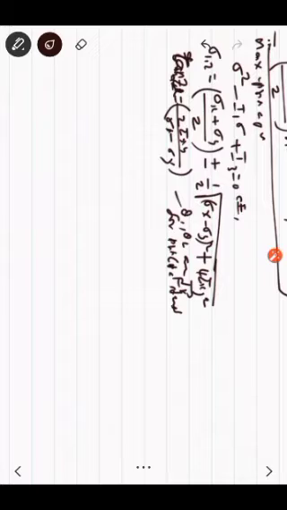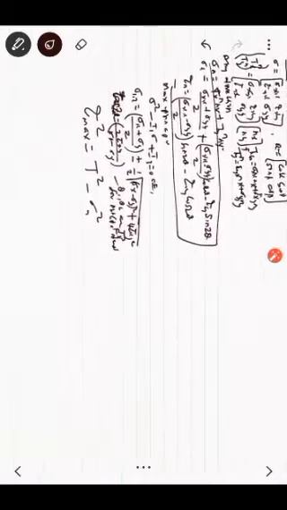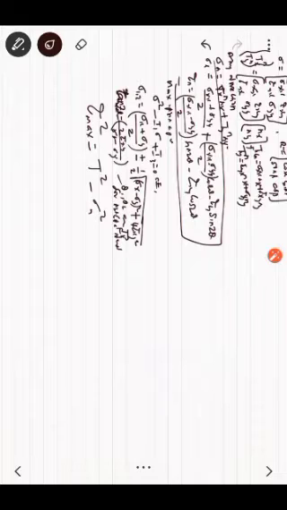So what is the formula that we have determined for this? Tau max is equal to t square minus sigma n square. What is t? You can write it from here, sigma xx plus tau xy.